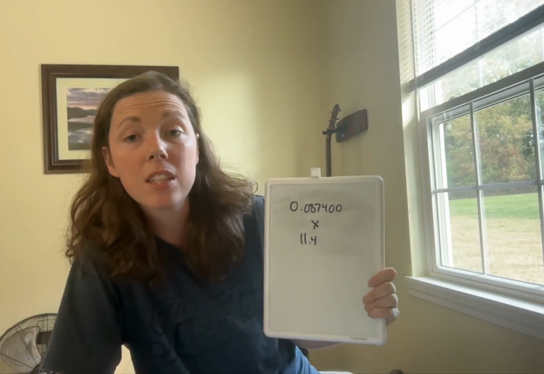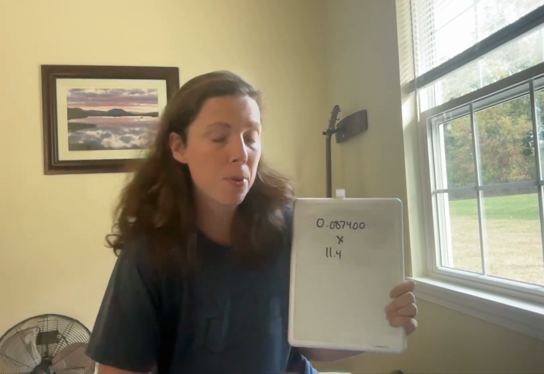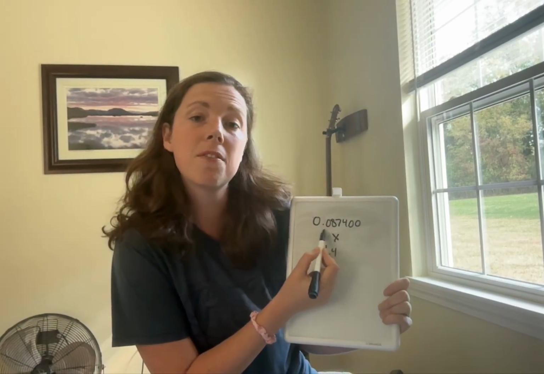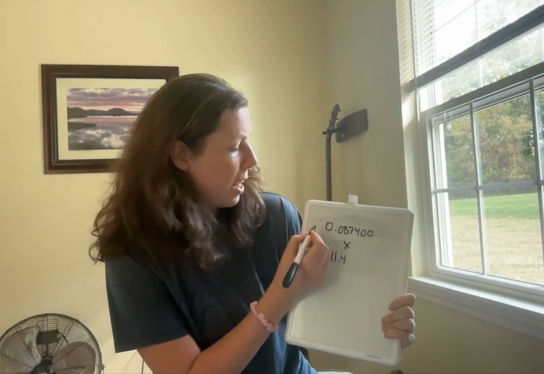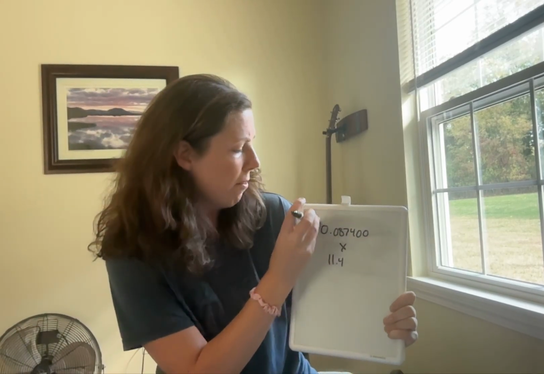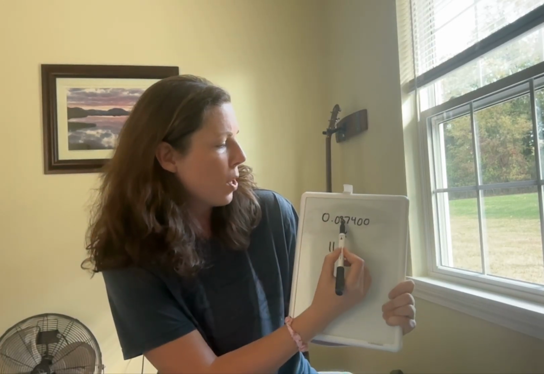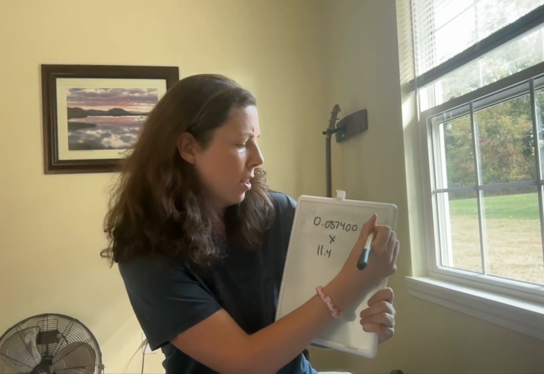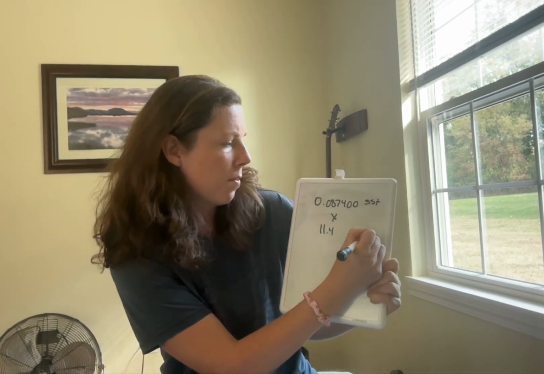Okay, this has 5 significant figures. Why is that? Because remember rule number 1 about zeros: zeros at the beginning of a number are never significant. Now these would be significant if there was a non-zero number before them, but there isn't. There are only zeros, so neither of these is significant. So we have 5 sig figs. And then this one has 3 sig figs.